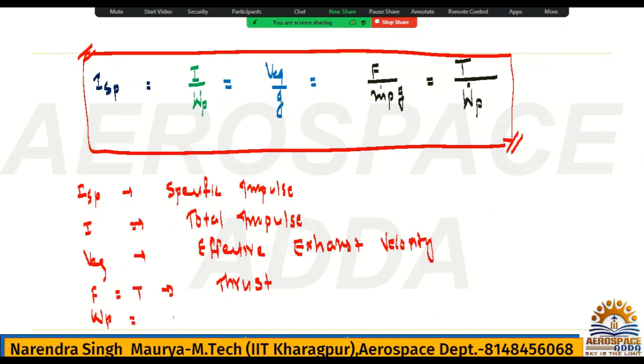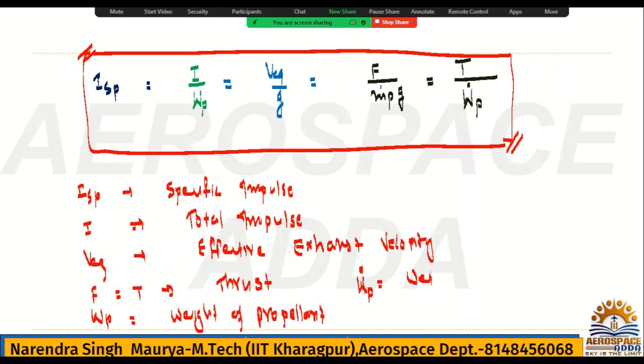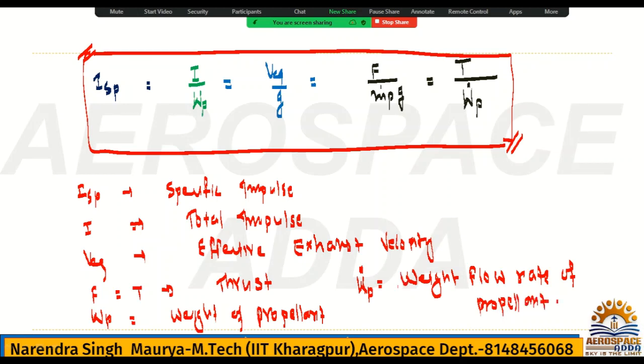WP is weight of propellant, and W dot P is weight flow rate of propellant.